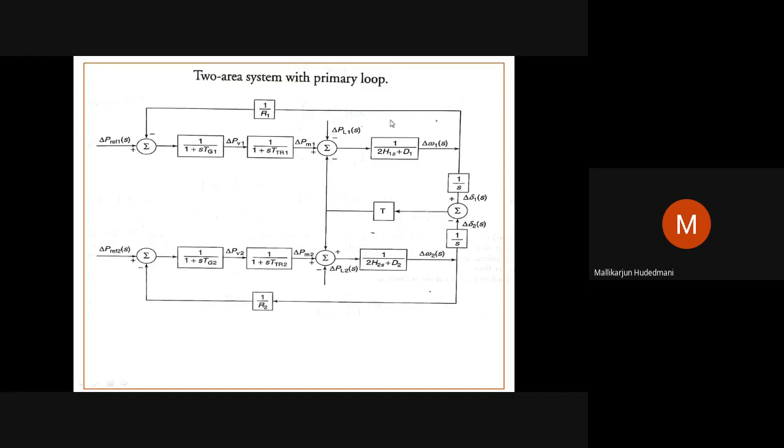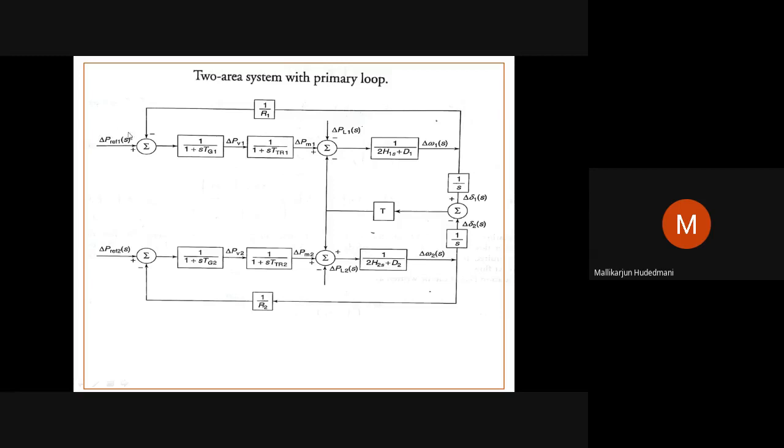Then this delta omega 1 from the upper block goes through the composite frequency response of area 1, which is 1 by R1 plus D1, that is beta 1. Beta 1 is taken and mixed with the delta P12. That becomes the area control error, which is amplified and integrated to give P reference 1.